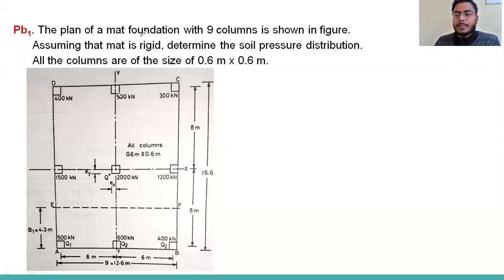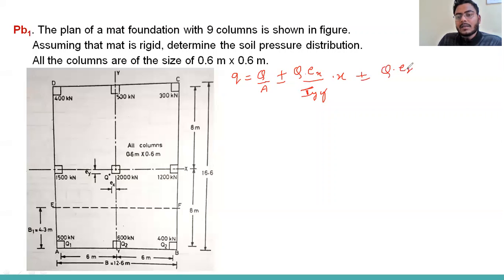Now we can calculate the pressure distribution. We can apply the formula mentioned in the previous slide: q equals Q total divided by A, plus or minus Q into EX divided by Iyy into X, plus or minus Q into EY divided by Ixx into Y. So just put in the values. The summation of all loads gives 7400 kilonewton.